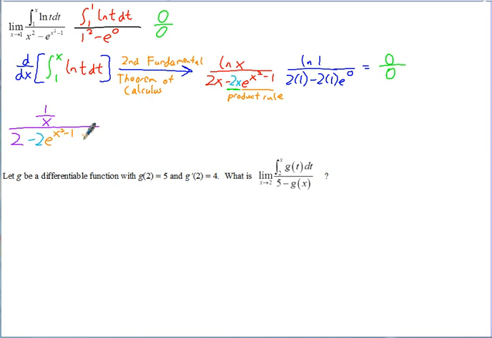Normally it would be plus the first one as it is, but the first one is already negative, so it's plus negative 2x as it is. Then again when you take the derivative of e to the x squared minus 1, you have to use the chain rule, so the e to the x squared minus 1 stays the same, but you multiply by the derivative of x squared minus 1, which is 2x.